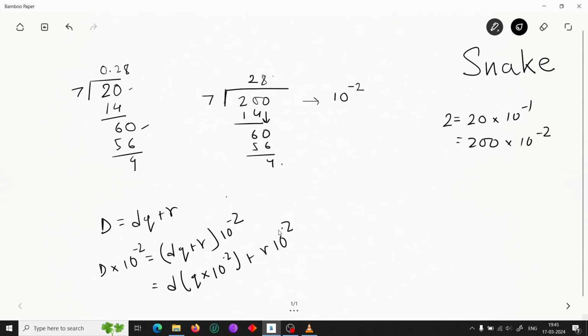Okay, if you don't believe me, see it for yourself. Multiplying this would give me 0.28, and the remainder is basically 0.04. So 7 times 0.28 plus 0.04.